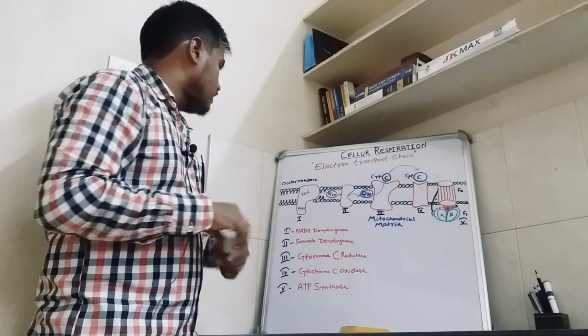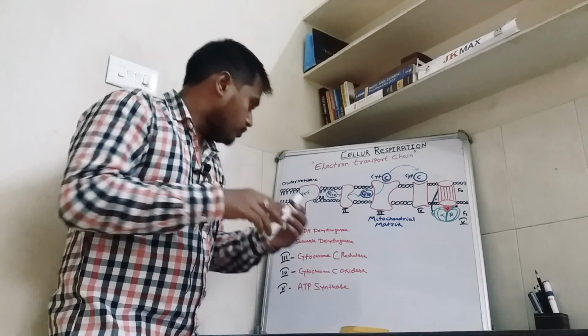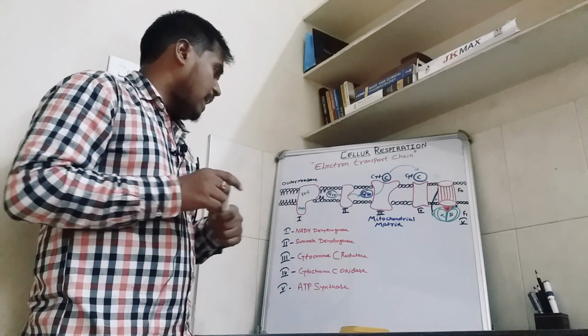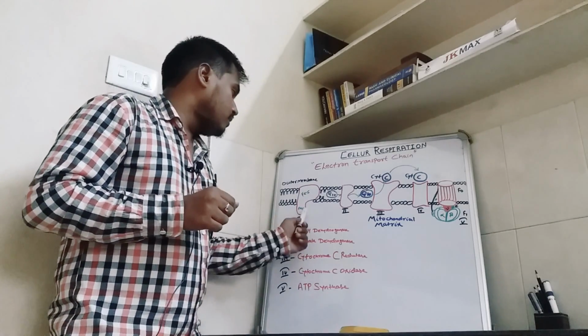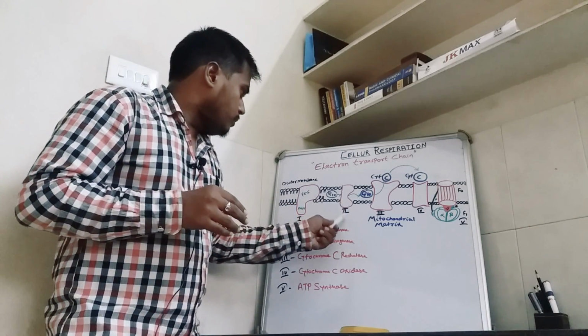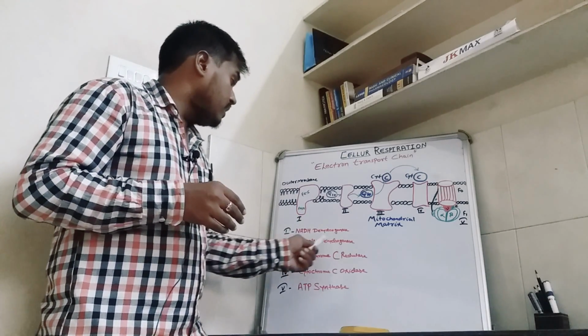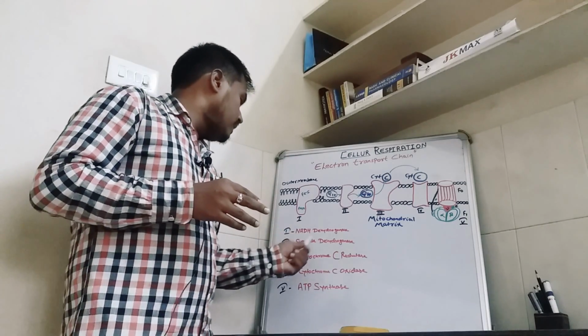So the first complex is called NADH dehydrogenase, because it takes electrons from NADH. The second one is called succinate dehydrogenase. Why is it called succinate dehydrogenase?